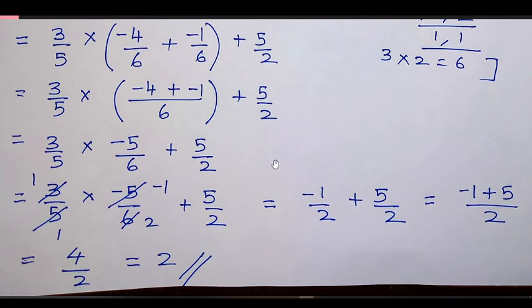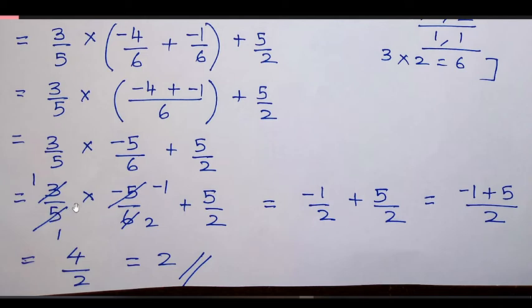Okay, so finally what I have is this. If I have any 5 by 2 here, I can use the distributive law to take out common again, but I cannot do this one. In this term I have a different set of numbers, in this term only 5 by 2.